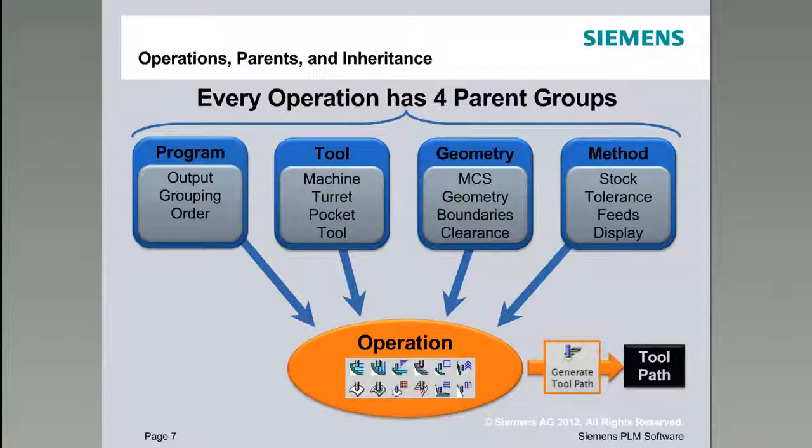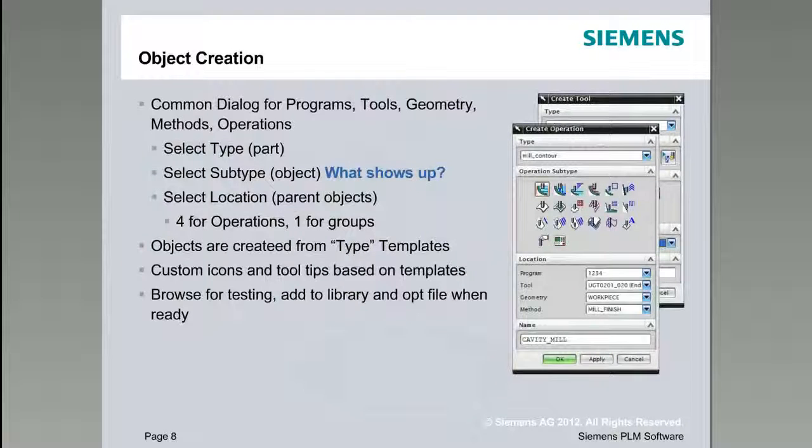These are the things it inherits from each of these, so that when you hit generate a tool path, we get the right results. We're getting the tool from one place and the stock from someplace else. This is pretty well known if you're an experienced CAM user, but if you understand this slide, then everything else in NXCAM becomes fairly straightforward.